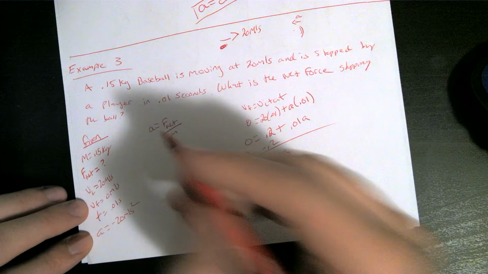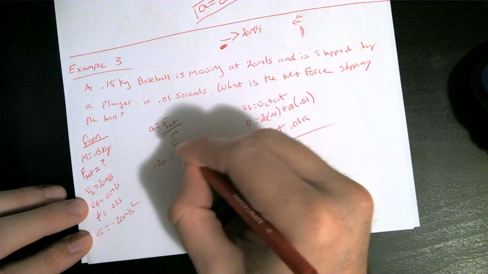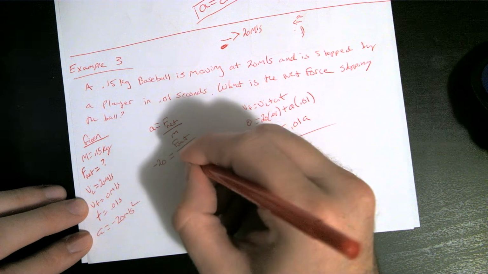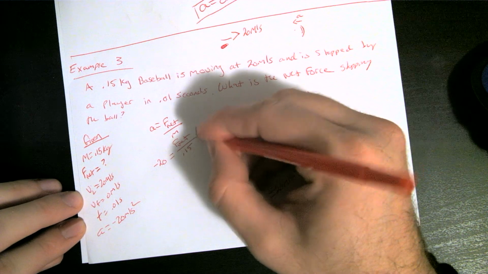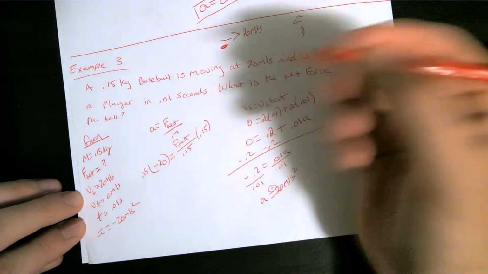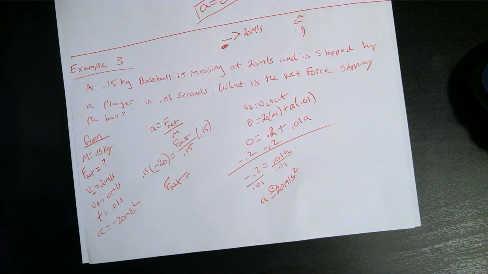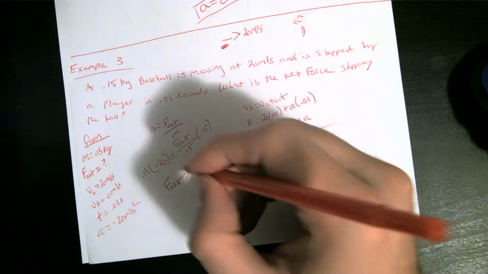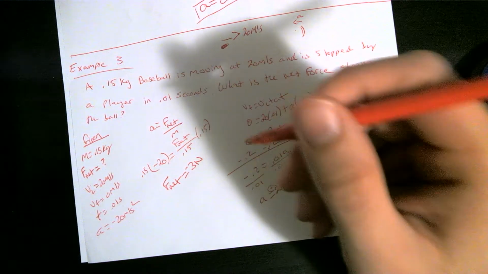Now we can plug it back into our equation. Negative 20 is equal to our F net all over your mass, 0.15. Multiply by 0.15, multiply by 0.15. F net equals a negative 3 newtons.